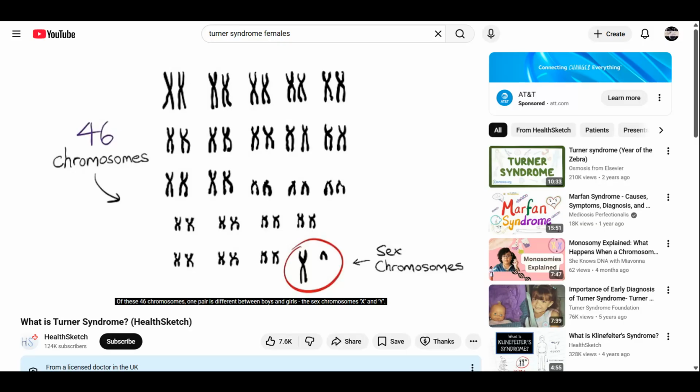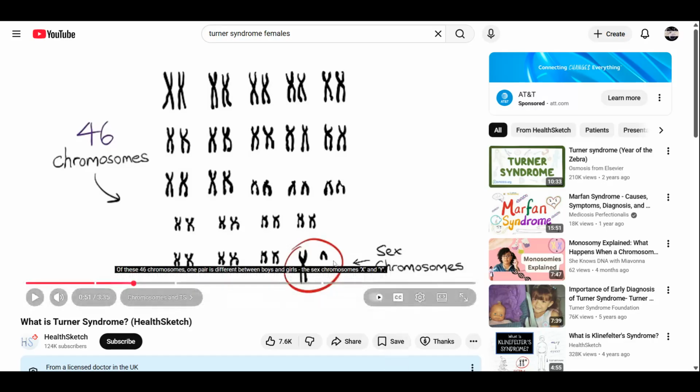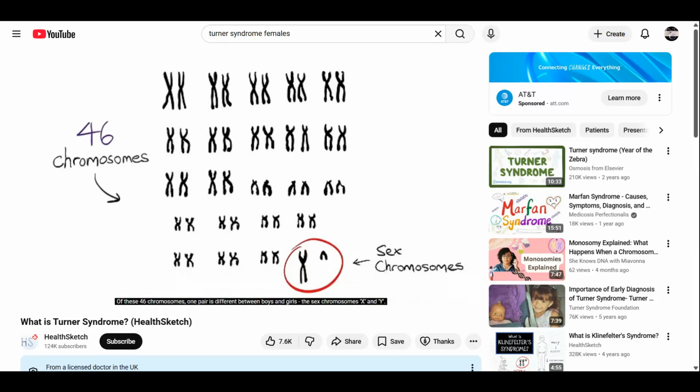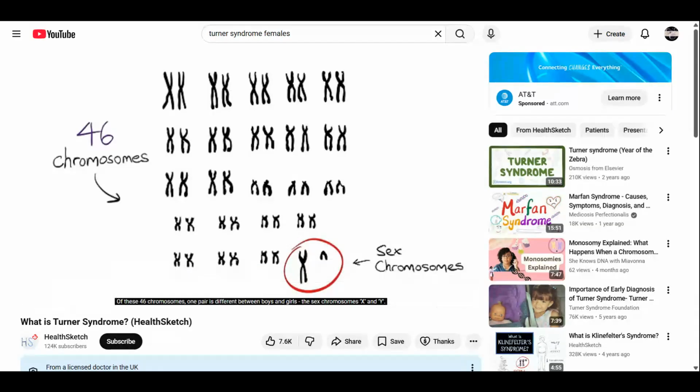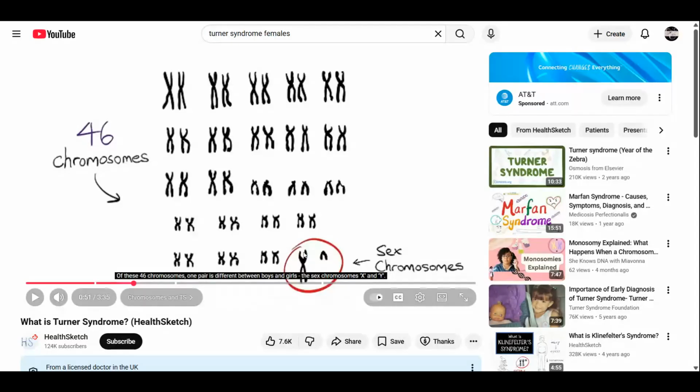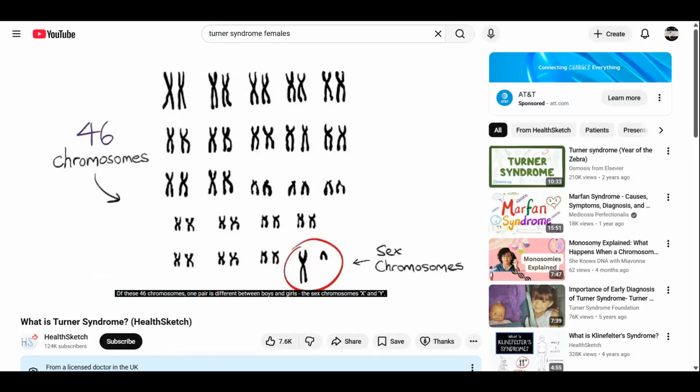Now, the reason why she's saying there's a wide range of issues is because there is a level of seriousness of this condition, right? To where parts of the X is missing, all the way to the entire X is missing.